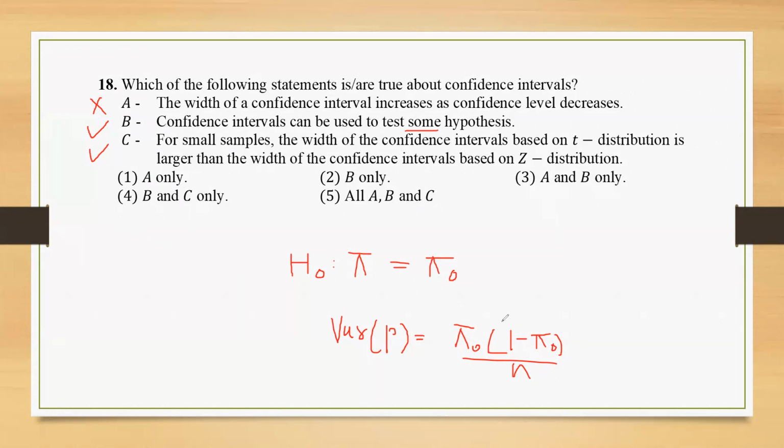Can you perform a similar test with the confidence interval? No. Why? Because there is no hypothesized population proportion. When constructing a confidence interval, no hypothesized proportion is given.